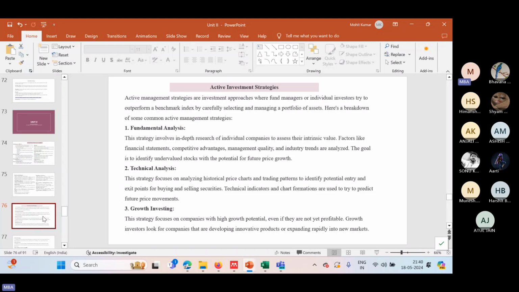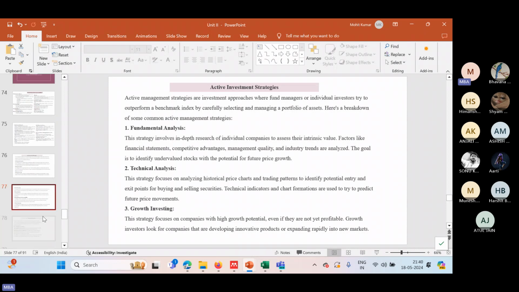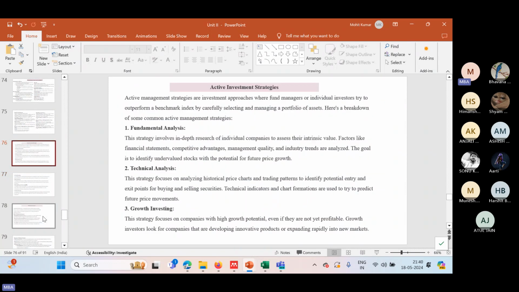The main things covered under active investment strategies are fundamental analysis and technical analysis. I shared two study materials here, and today I will share again. Fundamental analysis is about the fundamentals of a company from the perspective of industry, economy, and company in general.